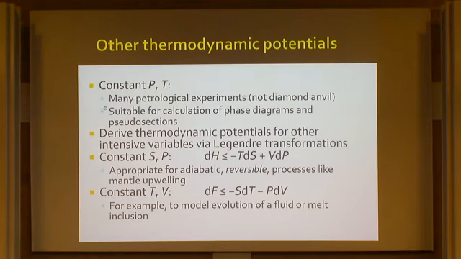So, for example, for an isenthalpic, let's say an adiabatic reversible process like mantle upwelling, you can minimize enthalpy. For an isochoric process, constant temperature and volume, for example, the crystallization of a melt inclusion, or evolution of a fluid or melt inclusion, you can minimize Helmholtz energy, where, again, that's F, and S is entropy.